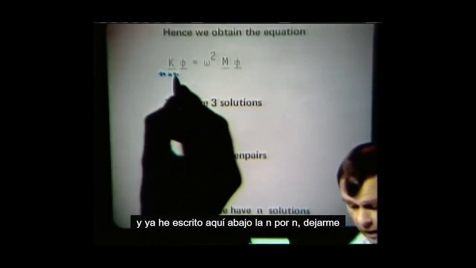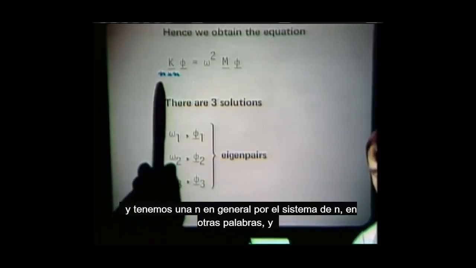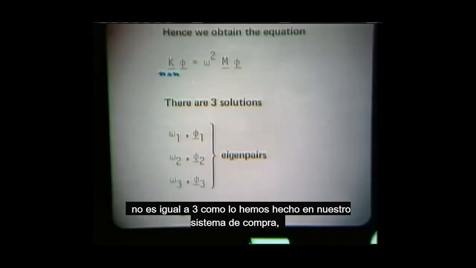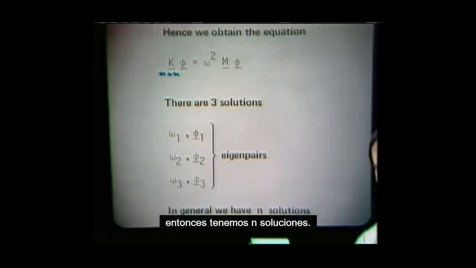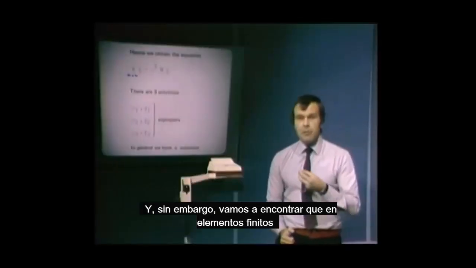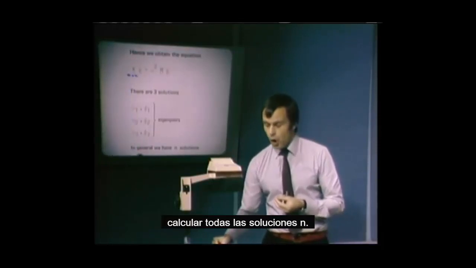In general, when we have an n by n system, and I have already written down here the n by n, let me put it bigger once more here. When we have a general n by n system, in other words, n not being equal to 3, just as we have in our cart system, then we have n solutions. However, we will find that in finite element analysis, we do not necessarily need to calculate all n solutions.